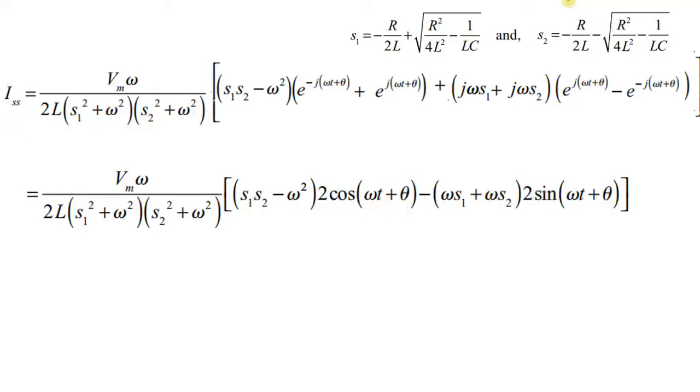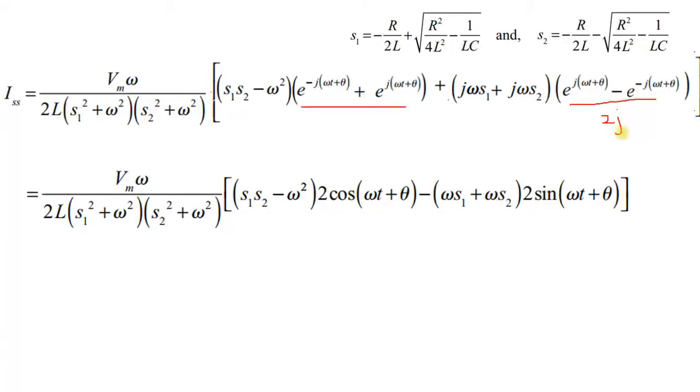One more thing, before we go to that, just see this term here: e power minus j theta plus e power j theta is present, which is equal to 2 times cos theta. We know the formula. Similarly here e power j theta minus e power minus j theta is present, so this term divided by 2j is replaced by sin theta.